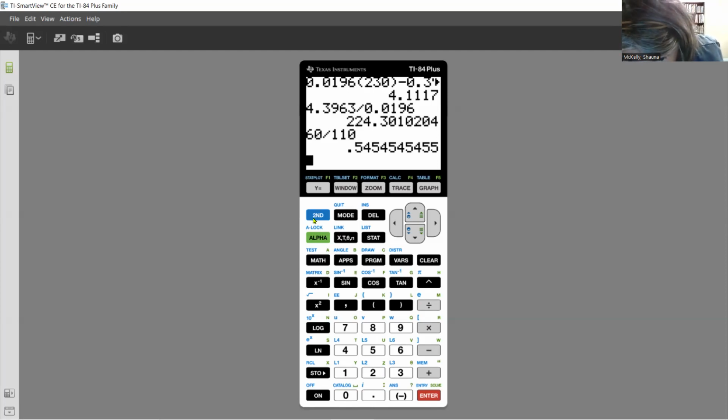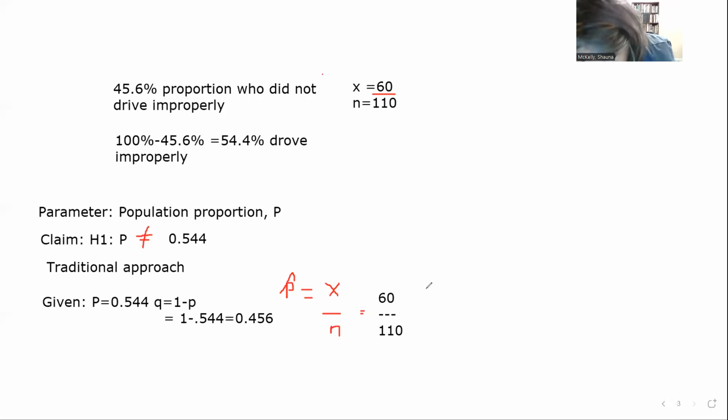So this is equal to 0.5455. Okay, that's your sample proportion. That's P hat. Okay, that's your numerator. Okay, so that's all of my preliminaries.